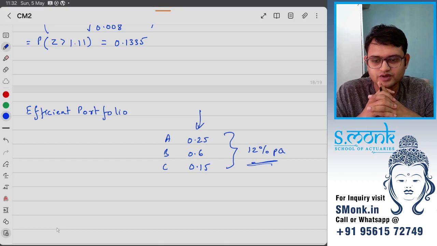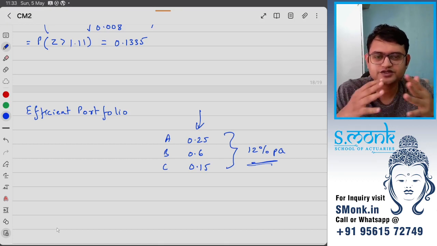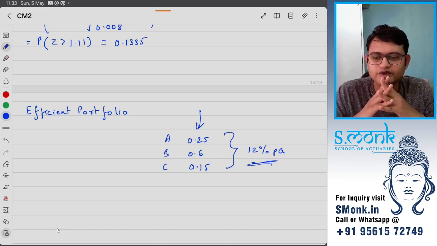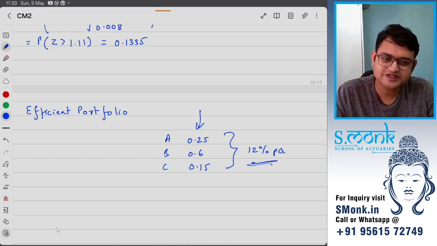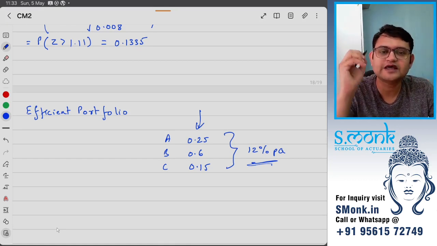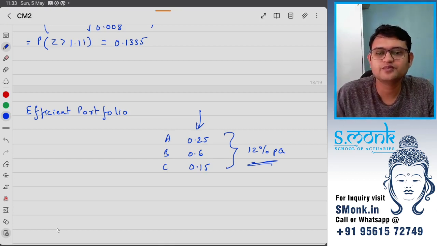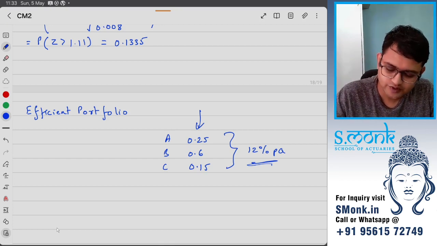Okay. Now, although there are other factors that we have to think about, I'll talk about it in a minute. But you can imagine if I can get more returns, then this portfolio will not be efficient. Now we say more returns for a level of risk. Always remember, risk is also important.